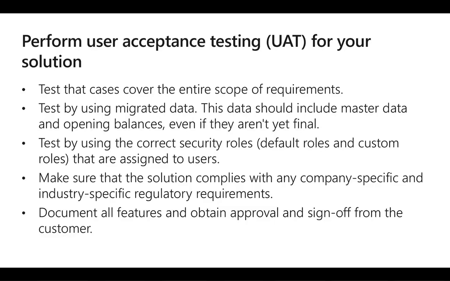A UAT script is a formal worksheet or checklist that guides a tester through test scenarios and allows them to report their testing results. Each scenario test is categorized as pass or fail.